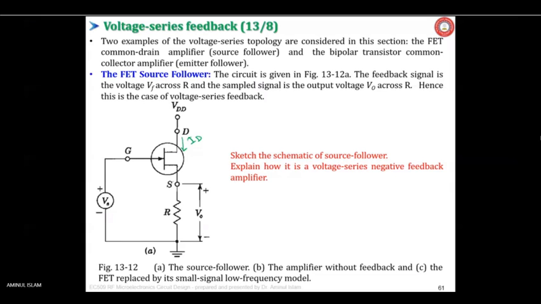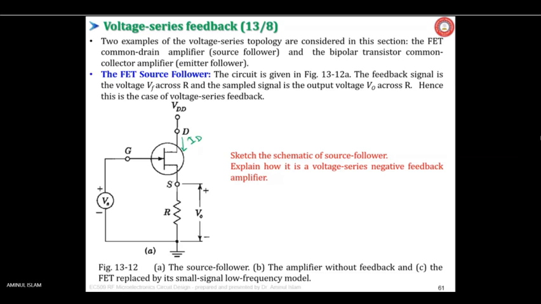If negative feedback is applied, what will happen? What will be its intention? Negative feedback means it will try to do what? Decrease again. It will try to decrease, I mean, it will try to stabilize or keep it constant. Okay, that is the concept of negative feedback. Now, whether it is happening in this case or not, that we have to understand.